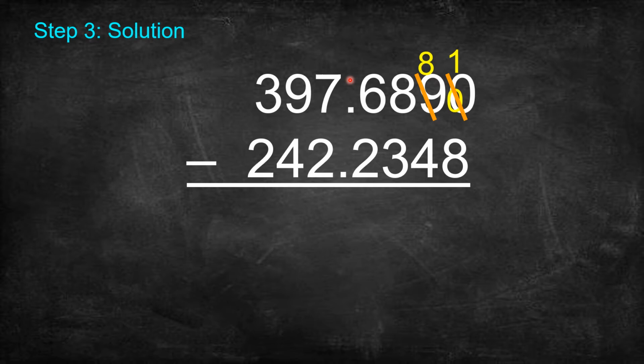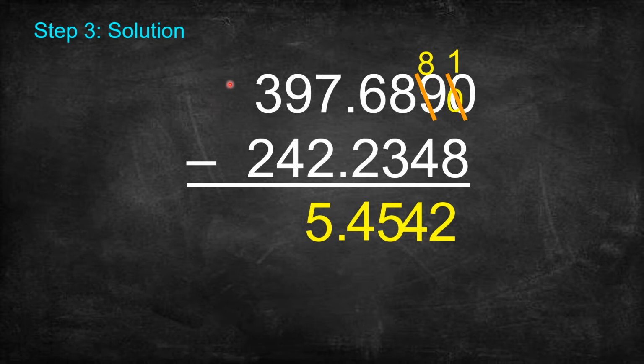Then, we can now subtract. 10 minus 8 is equal to 2. Then, next, we have 8 minus 4 is equal to 4. And then, 8 minus 3 is equal to 5. 6 minus 2 is equal to 4. Then, copy the decimal point. 7 minus 2 is equal to 5. 9 minus 4 is equal to 5.